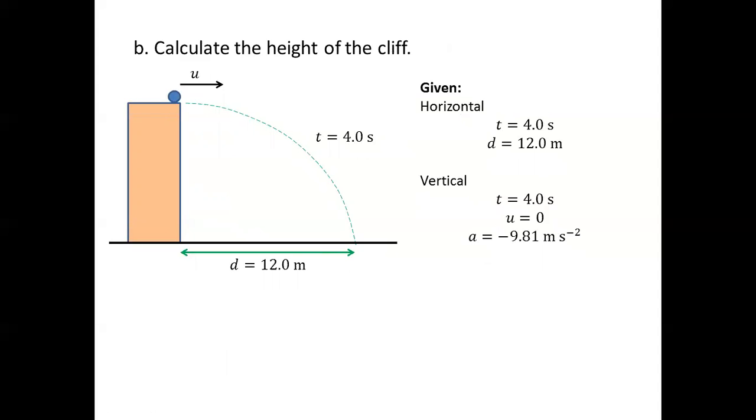Next, calculate the height of the cliff. To calculate this, we will make use of the information for the vertical direction of motion. Now, calculating the height means it has something to do with S, or the displacement.